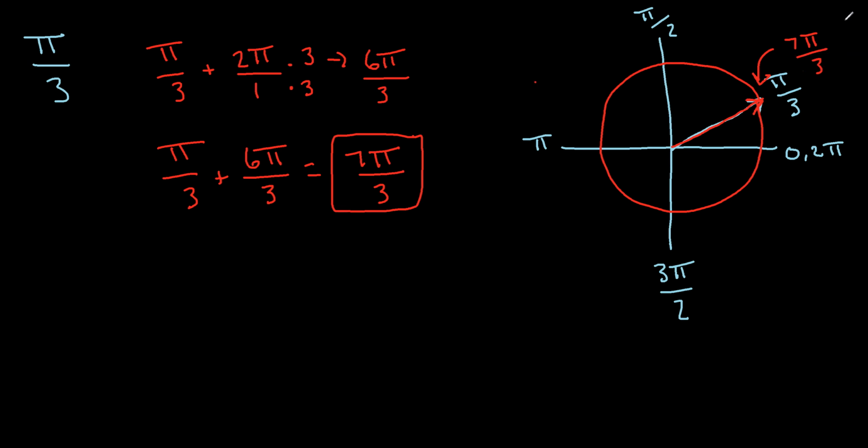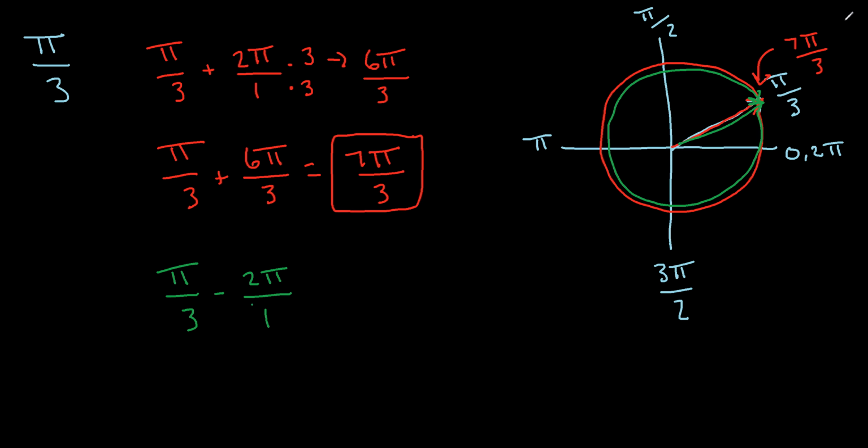Now we could also subtract a 2 pi, because when we subtract, we're just going the other way around the unit circle. We're going this way and still landing in the exact same spot. So we're finding another coterminal angle by subtracting 2 pi. So if we do that, we could say pi over 3 minus 2 pi, and we'll write it over 1 again.